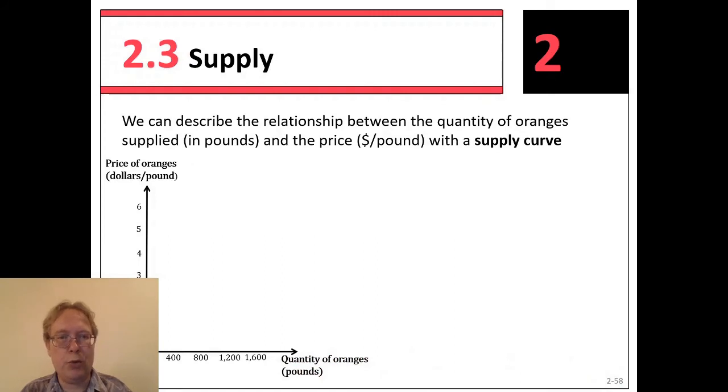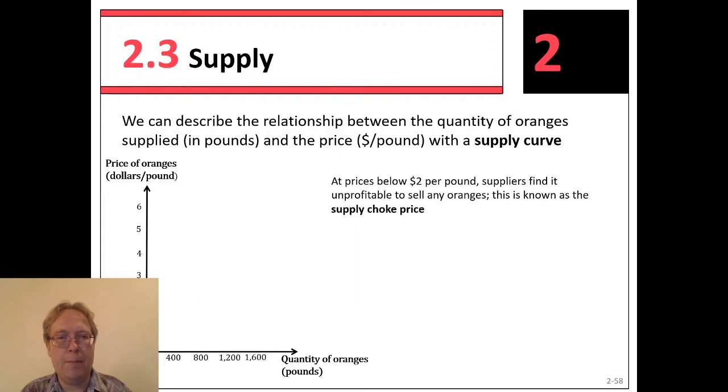Again, similar story as before. Here we have our oranges again. Suppose that people do not want to sell oranges if the price falls below $2, so that will be the choke price.